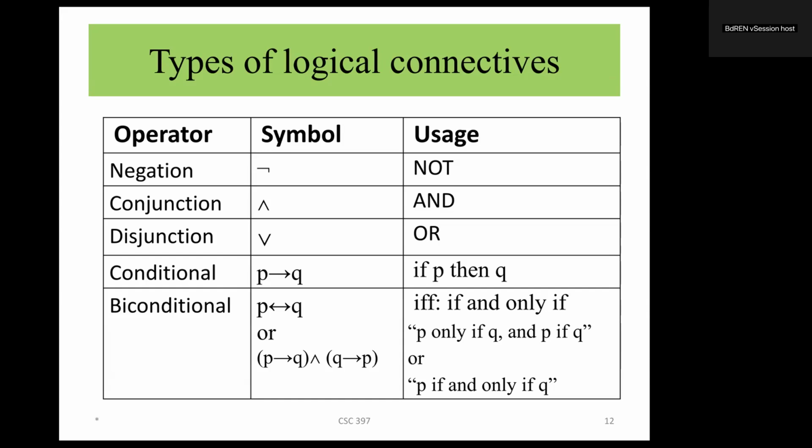The same goes for the disjunction, which means or. A disjunction is true if at least one of the statements is true. In logic, or usually includes the possibility of both being true. This symbol is read as or.